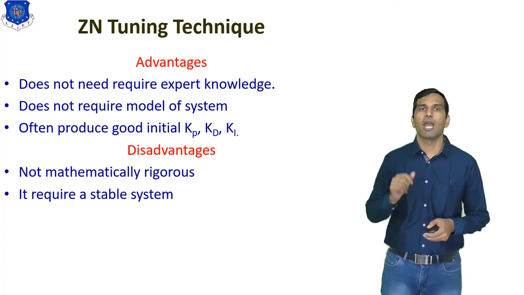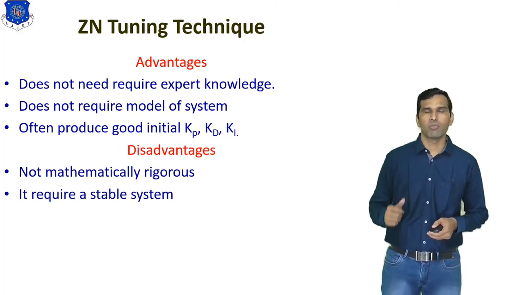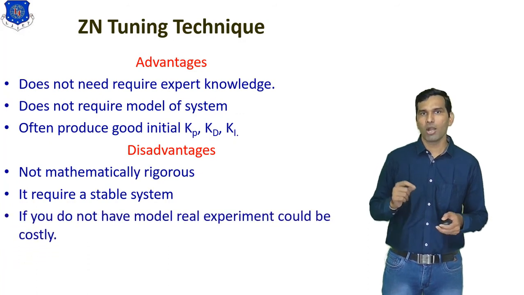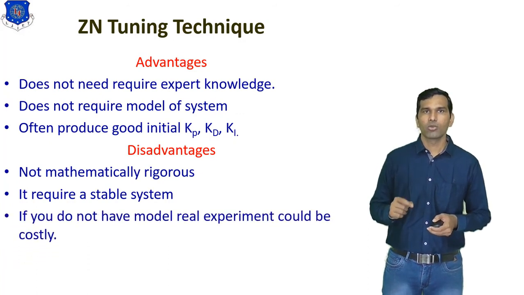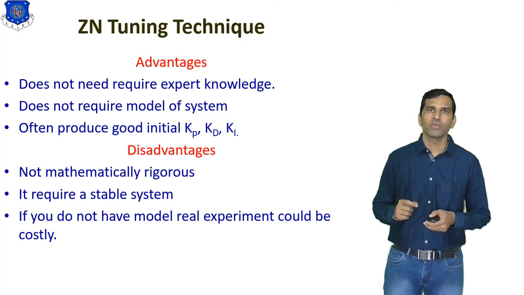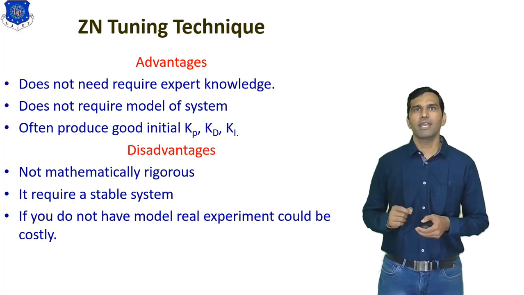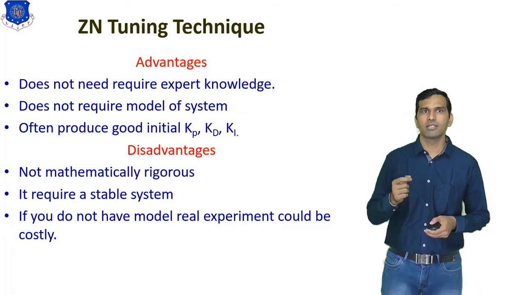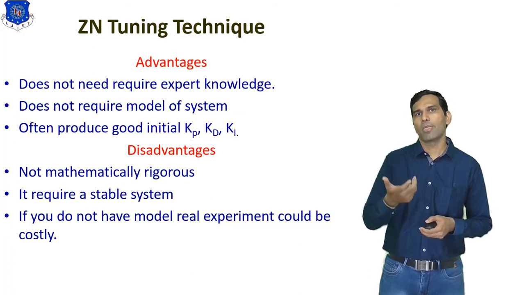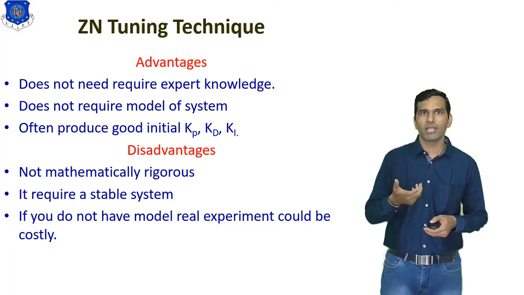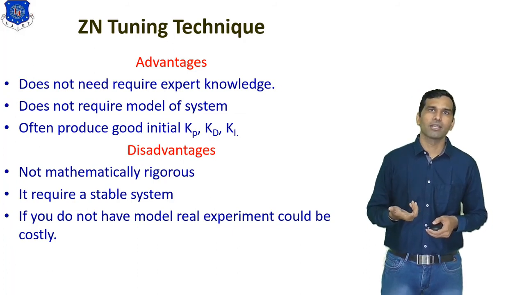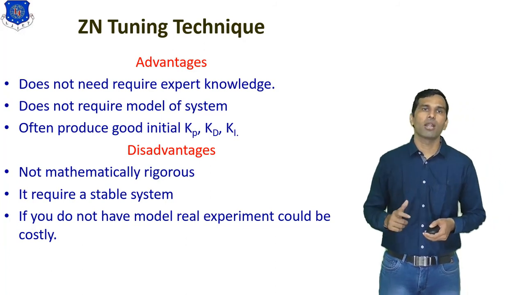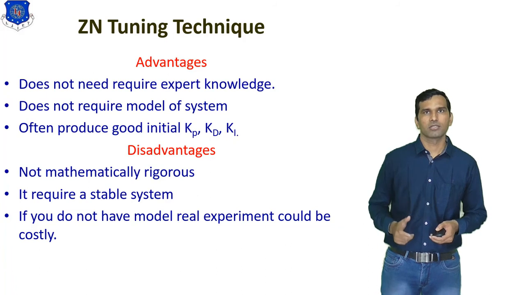Next, if you do not have a model, real experiments could be costly. We discussed that the technique can be used without a model, but if we apply any tuning technique without a model, then the cost increases.